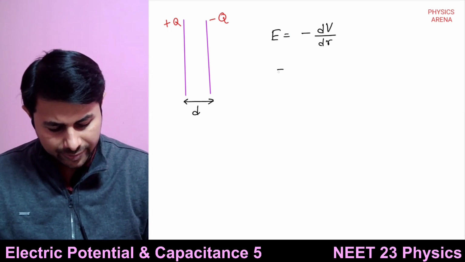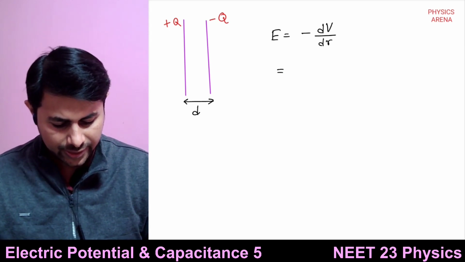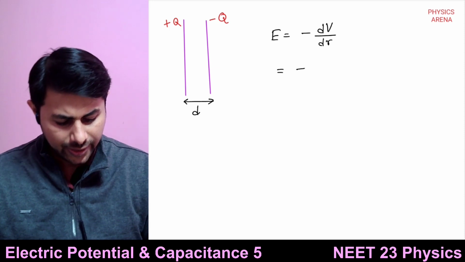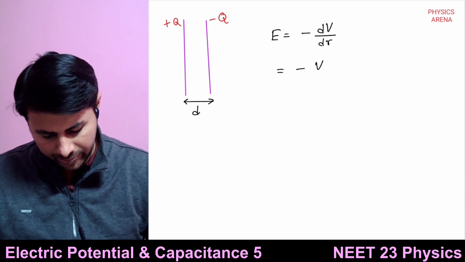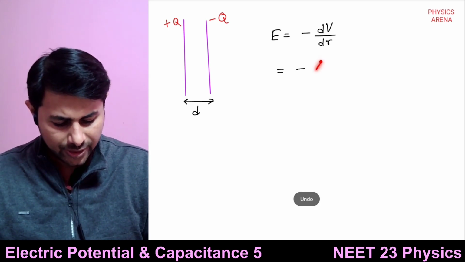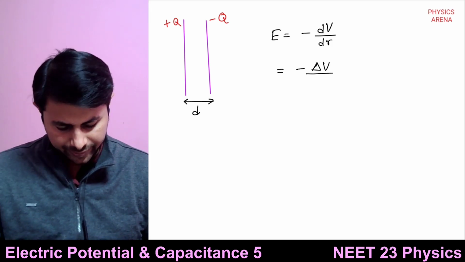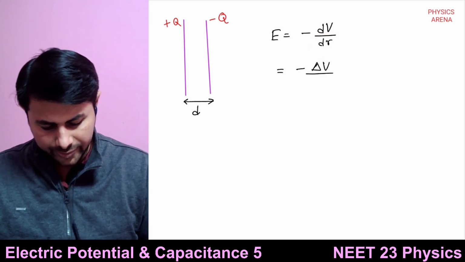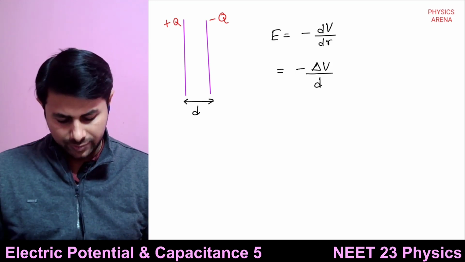So in this case, since electric field is constant at all the points inside, we can say it is minus of delta V by dr, where delta V is the potential difference. Okay, and what is dr? Dr is this distance.